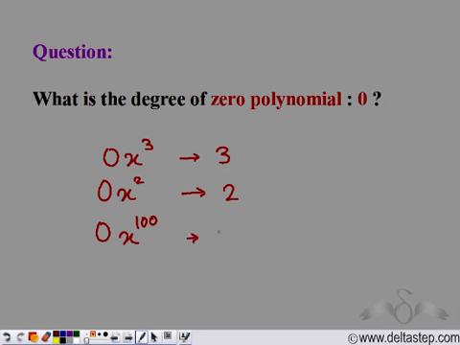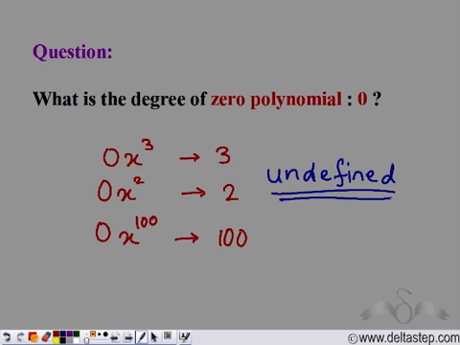In this case, the degree will be 100. So actually, we cannot say for sure what is the degree of the 0 polynomial. And hence, we say that the degree of the 0 polynomial is undefined. So the degree of the 0 polynomial is not defined.